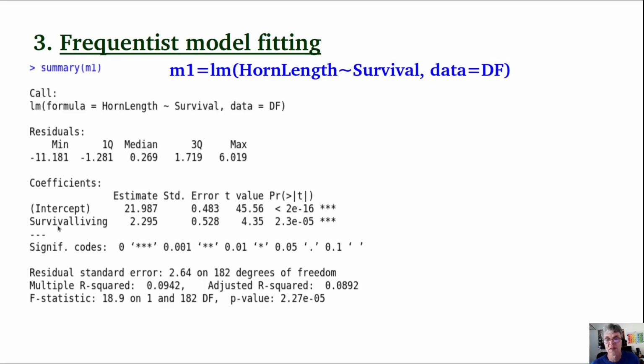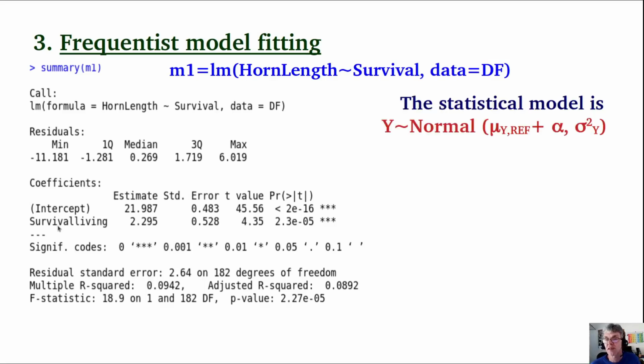Let's recall that the statistical model for this data is that we have the mean of the reference group, and alpha is the differential of means between the reference group and the other group. So here we have the mean of the reference group. The reference group is arbitrarily given by R using the alphabetical criterion, which is of course nonsensical, and you can change that. So this is the mean of the group that does not appear.